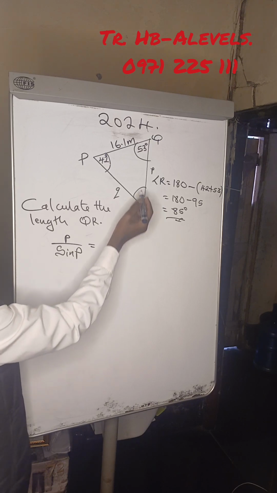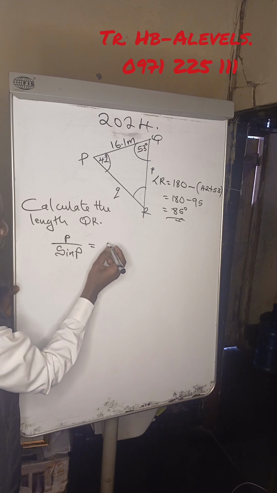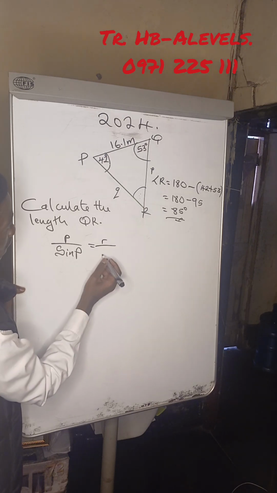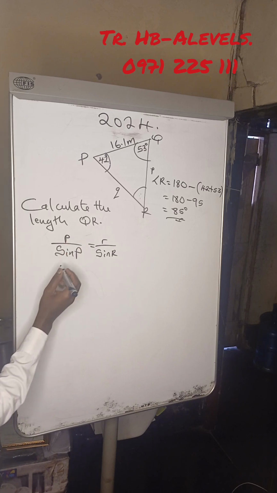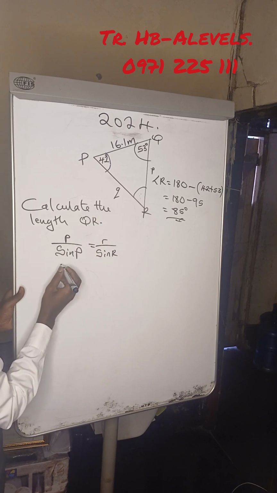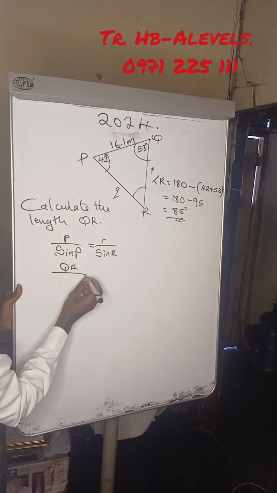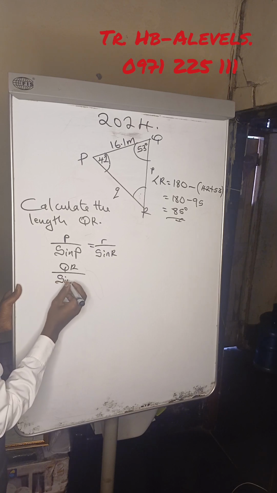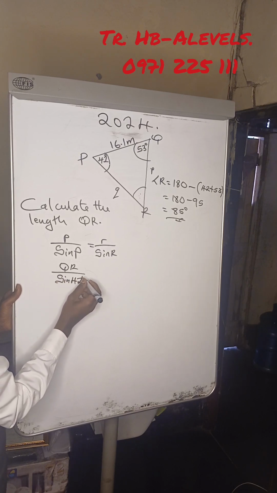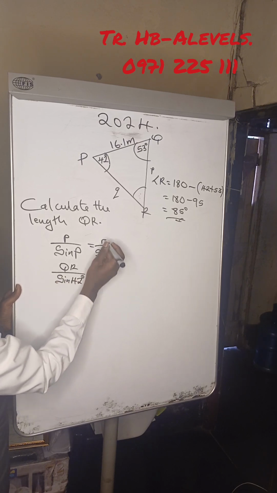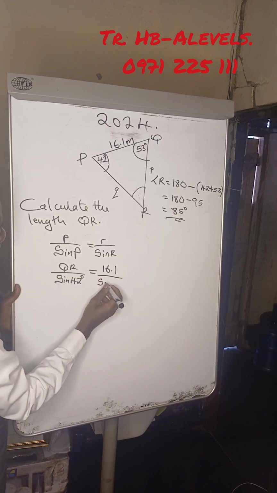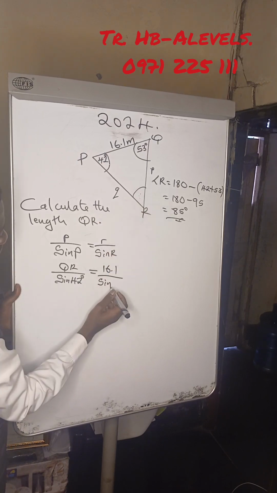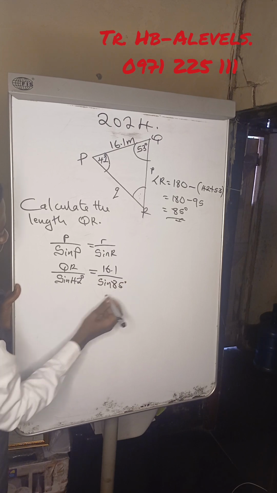So we have the angle 85 and we also have the side. So we are going to use a small letter r for a side, then over sine R. So here, p represents QR, over the sine of 42 degrees is equal to the side r, which is 16.1, over the sine of the angle that is here, 85 degrees.